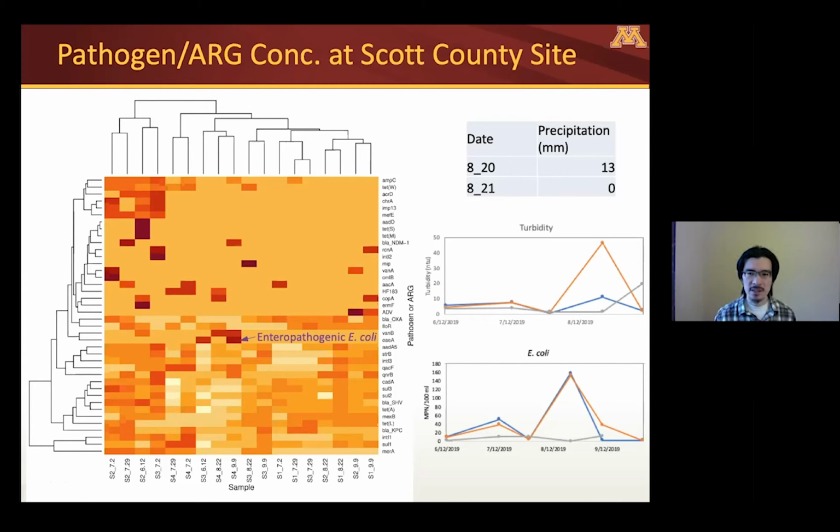But that precipitation didn't influence much the gene concentration for E. coli, pathogens and antibiotic resistance genes. We collected samples right after the precipitation event, which is August 22nd. But we didn't see an obvious increase in pathogen genes right after this spring event.